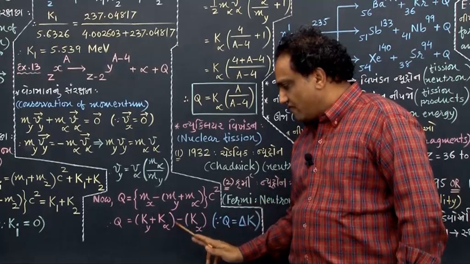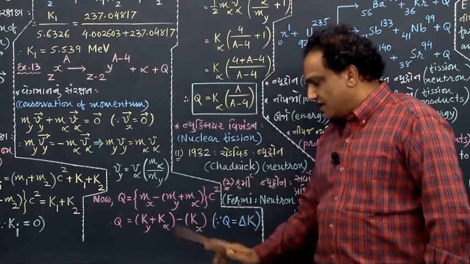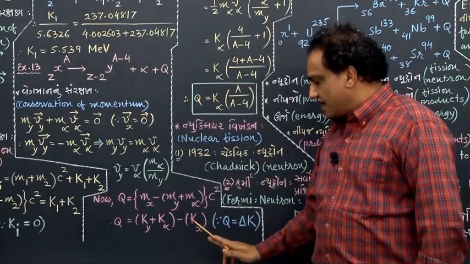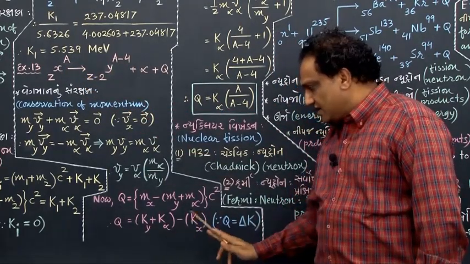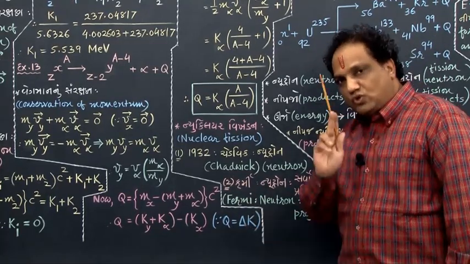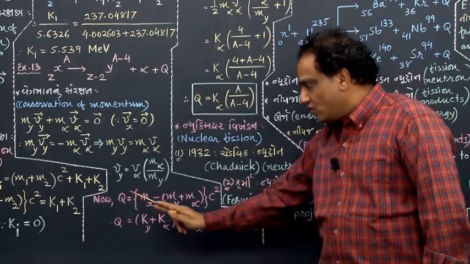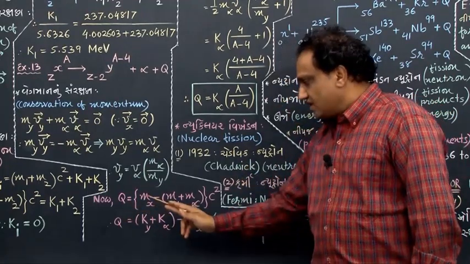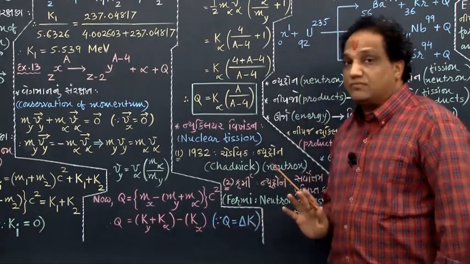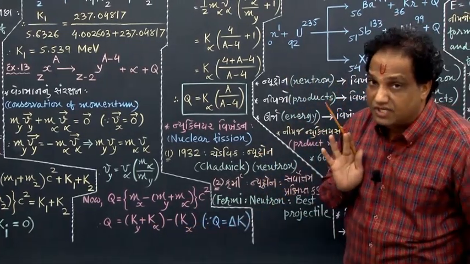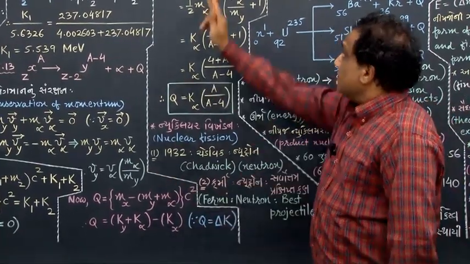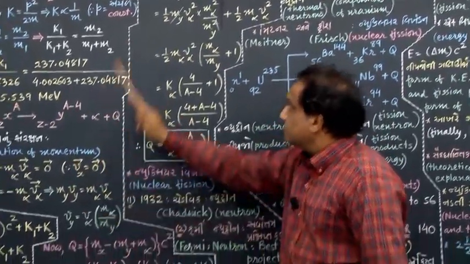So this total gives me final kinetic energy minus initial kinetic energy, which is for nucleus X, so I am writing Kx. Final minus initial will give you change in kinetic energy. So you can remember two formulas for Q value of reaction. This is the formula in terms of difference in mass. This is the formula in terms of change in kinetic energy. Simple? Fine.